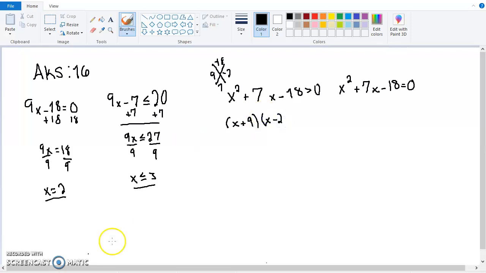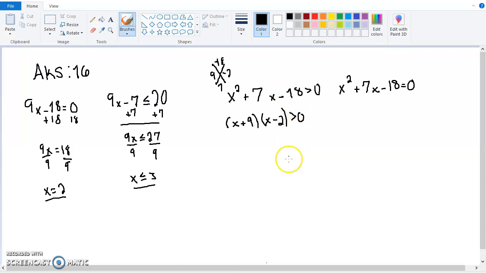Hold on, after you write the parentheses, let me clean this up a bit. That's going to be greater than 0.